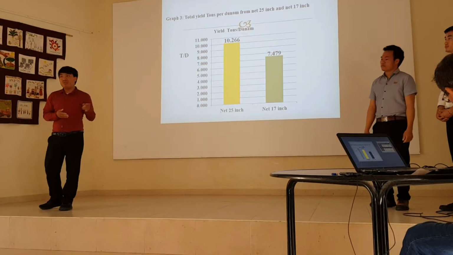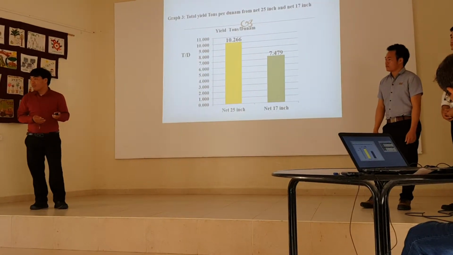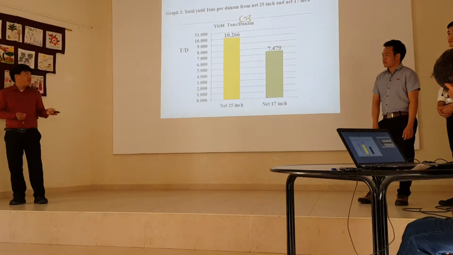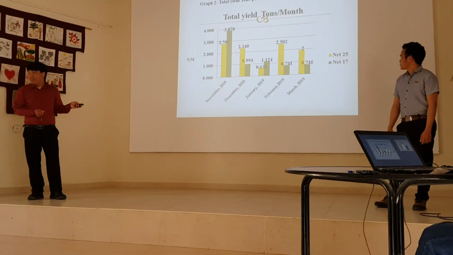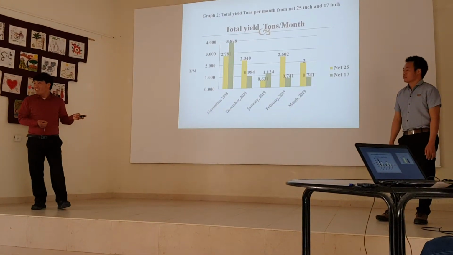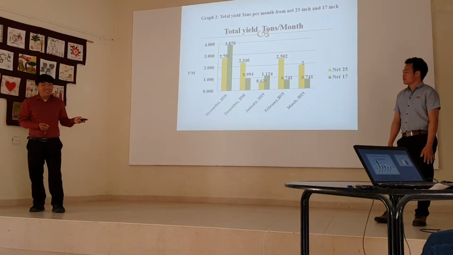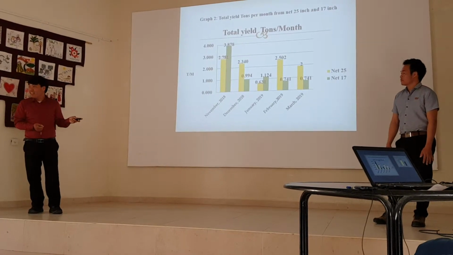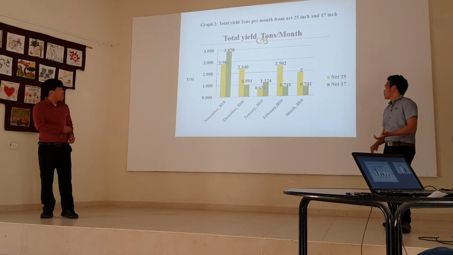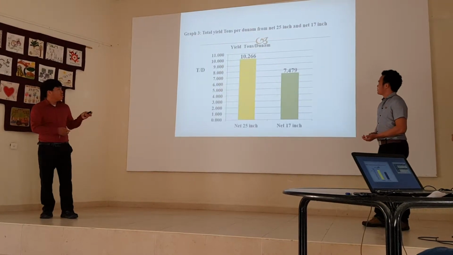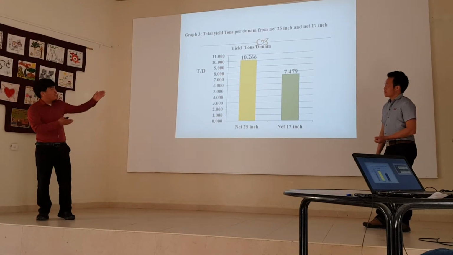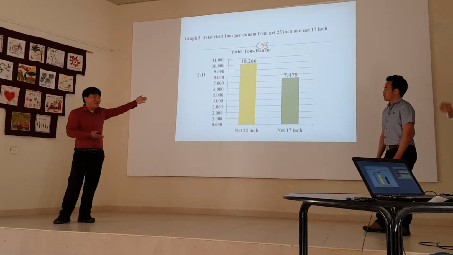You can move to this one, tons per dunam. This is the better one. This helps to understand the difference. Yes. Then what do you think? Why is there a difference? Maybe a different net gets a higher yield.